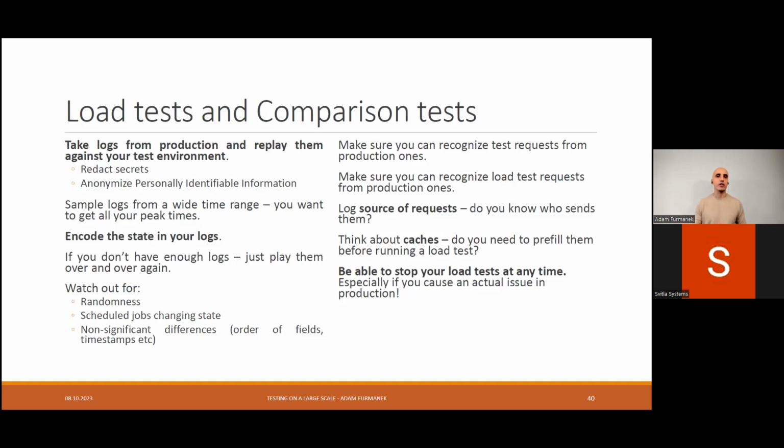It's not that you take only the most common REST API, but that you sample all the APIs properly. Also be aware that there may be some non-significant differences that you should accept, for instance, differences in timestamps, or in some randomly generated values, etc.